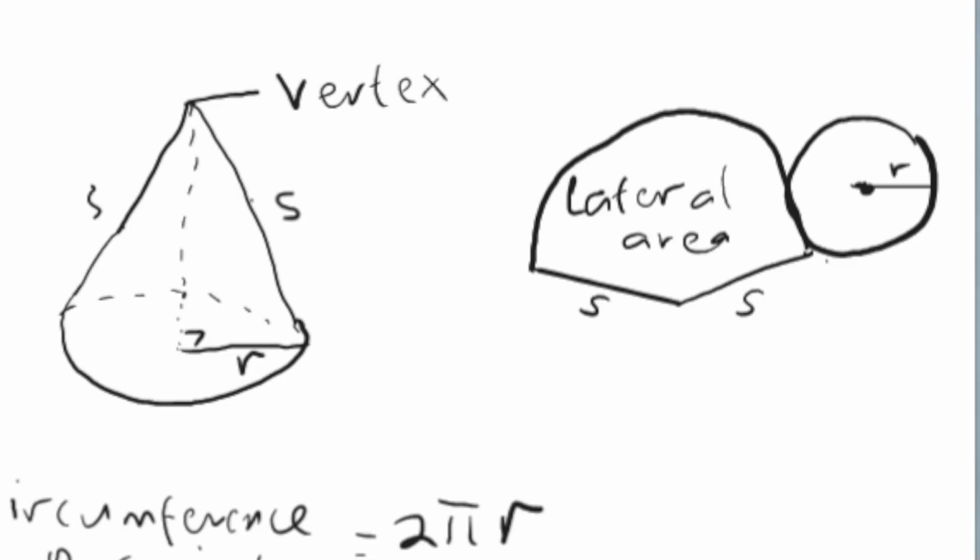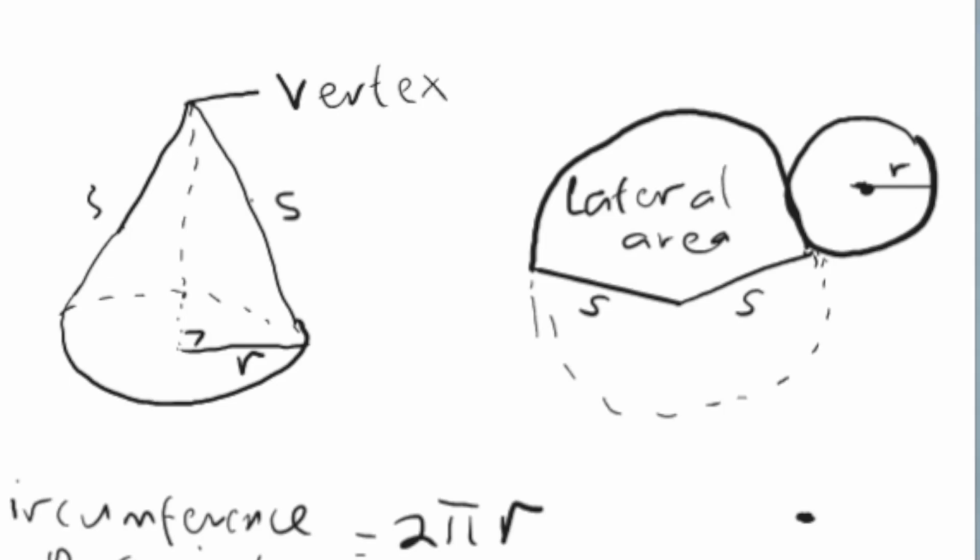So something like this. This becomes the radius of the circle, and I now have a circle. The circumference of a circle is 2 pi r.